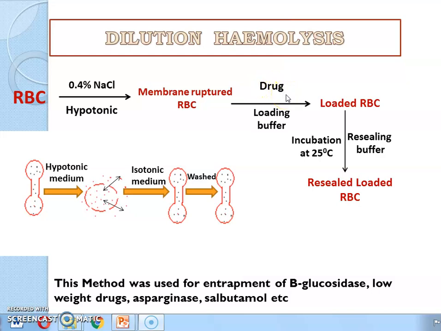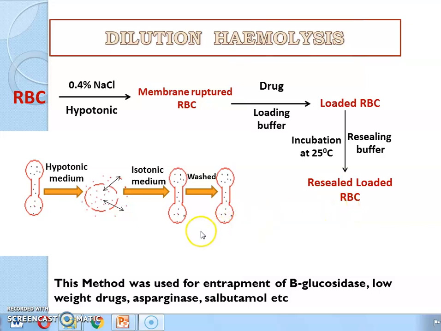Then the drug gets loaded into the RBCs, and it is incubated at 25 degrees Celsius and added into the isotonic solution where the RBCs get resealed with the drug loaded, and then it is finally washed and stored at a particular temperature.